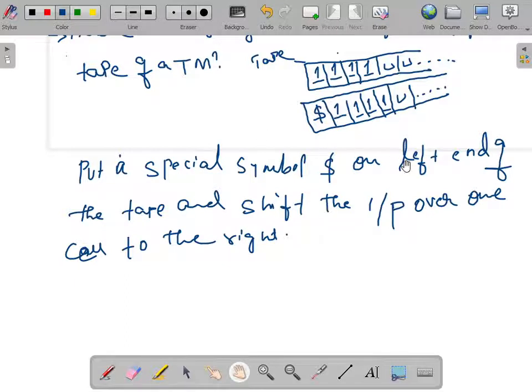When you are at the left end, you should move to the right. If you are not able to understand this left and right movement, go and watch the previous video, then you can easily understand the concept of the Turing machine. If you are directly watching this, it will be very difficult for you to remember.